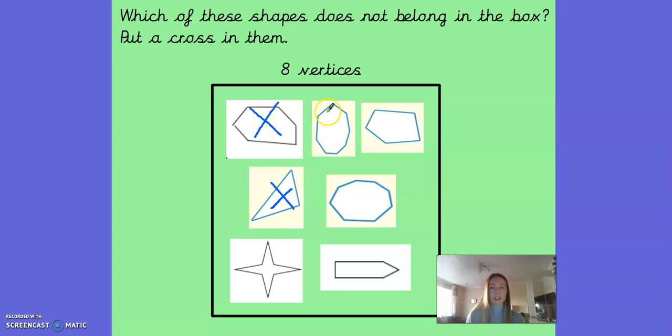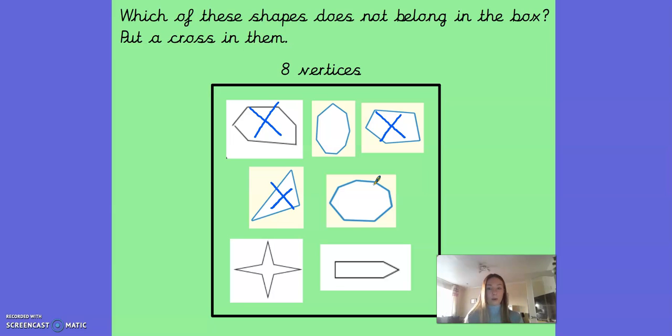Let's check this one next to it. 1, 2, 3, 4, 5, 6, 7, 8. So this one does have 8 vertices, so it belongs in the box. Let's check this one. 1, 2, 3, 4, 5. Does it have 8 vertices? No. Let's check this one. 1, 2, 3, 4, 5, 6, 7, 8.